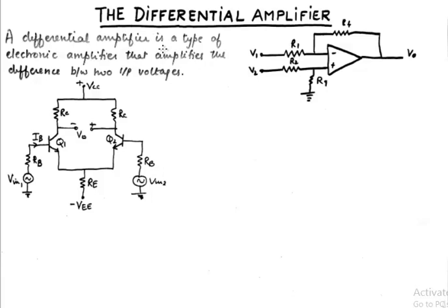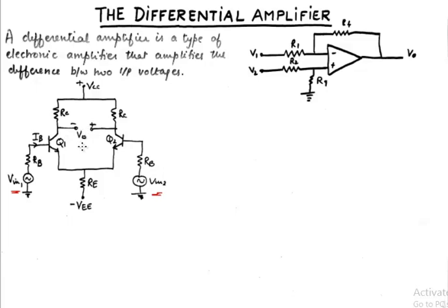Otherwise, the electronic diagram of a differential amplifier consists of two identical transistors arranged in such a way that we have two inputs, Vin1 and Vin2, and the output V0 is taken as the difference between the two voltages, one from transistor 1 and the other from transistor 2.